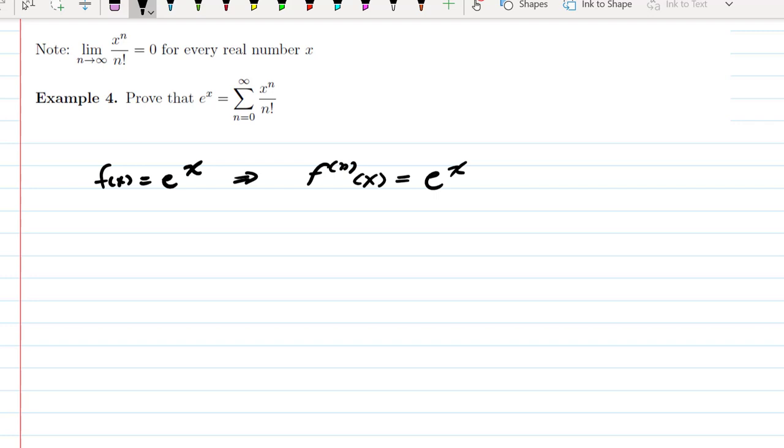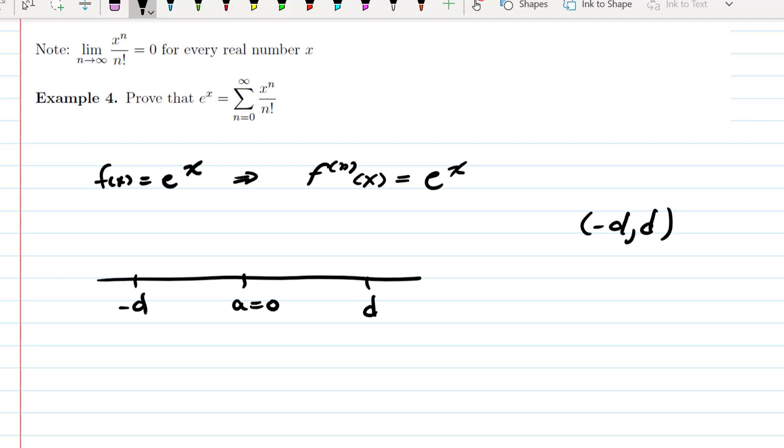And if we are on some interval, we know we're centered at a equals 0. And if we're on an interval from negative d to d, it's going to look something like this. And the exponential function we know is always increasing. So it's going to have its maximum value at the endpoint d, e to the d.